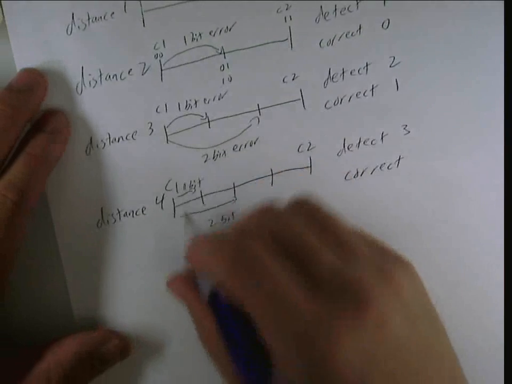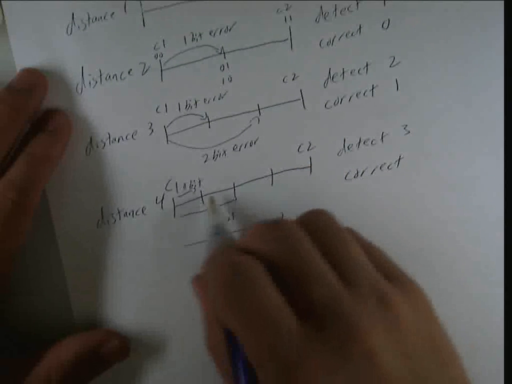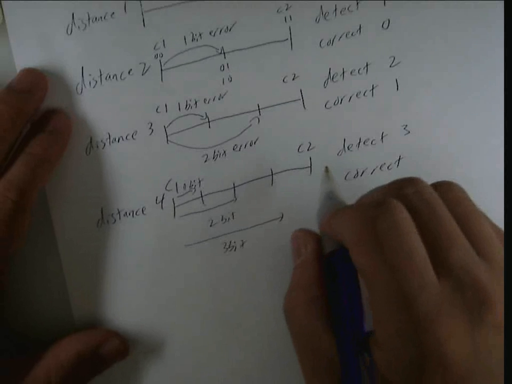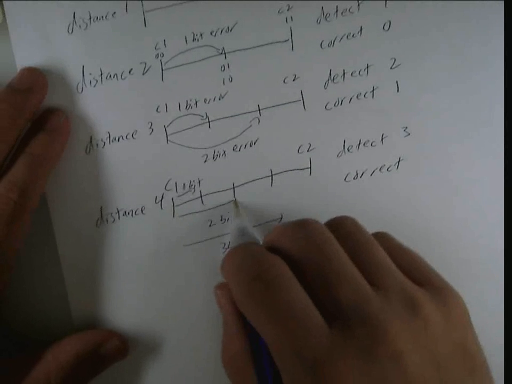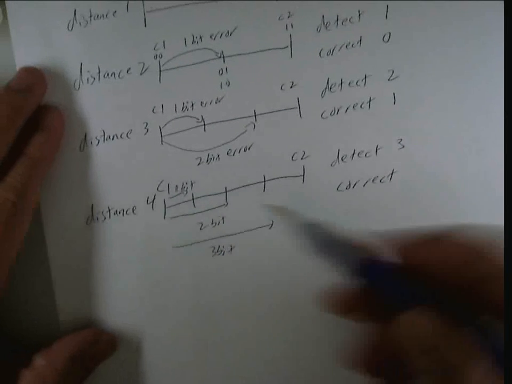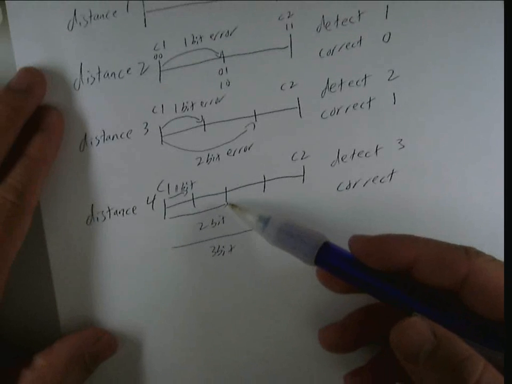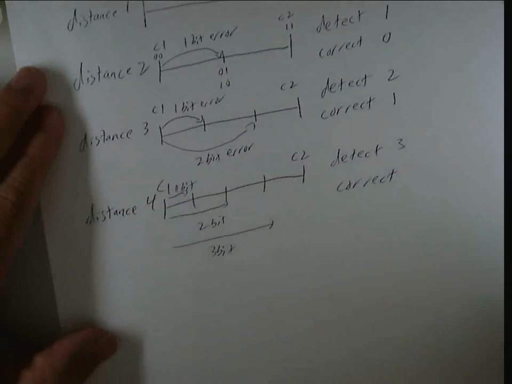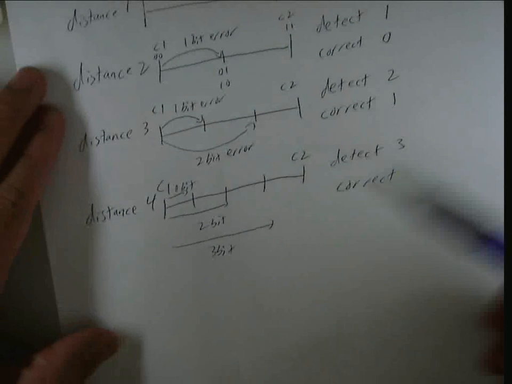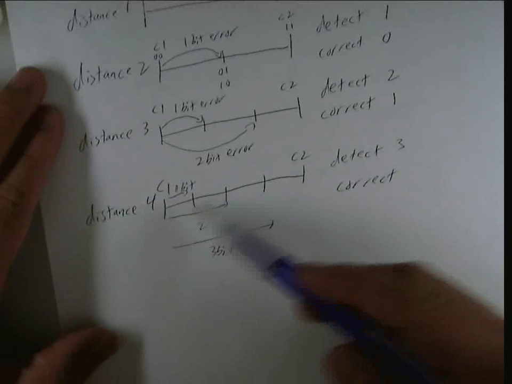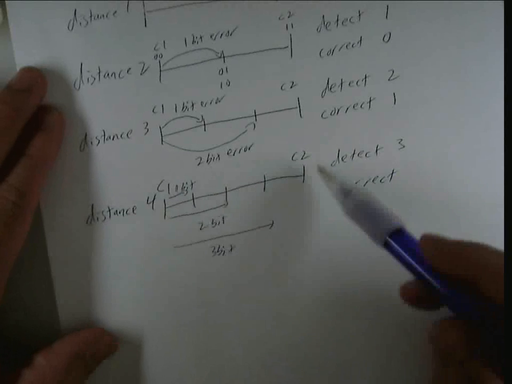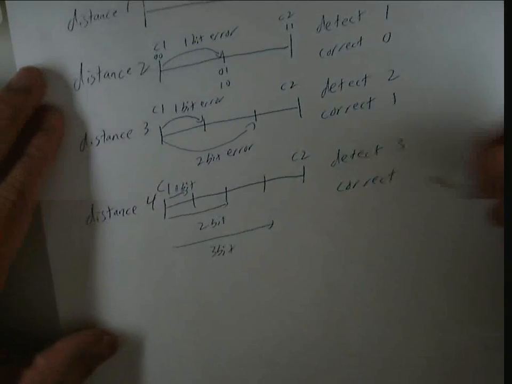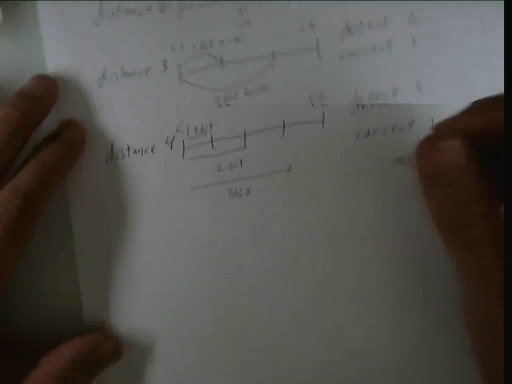Obviously I can still correct 1, because if I have a 1-bit error, it's 3 times more likely that it came from the correct code word than from the wrong code word. But if I move to the 2nd bit here, the problem is that now I'm equidistant from C1 and C2. I don't know which one's more likely. If I made a mistake and I get to here, I don't know which code is more likely. So I can't correct a 2-bit error. So it's still only correct one.